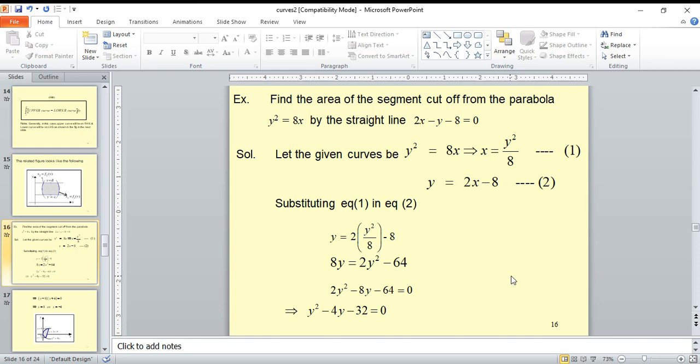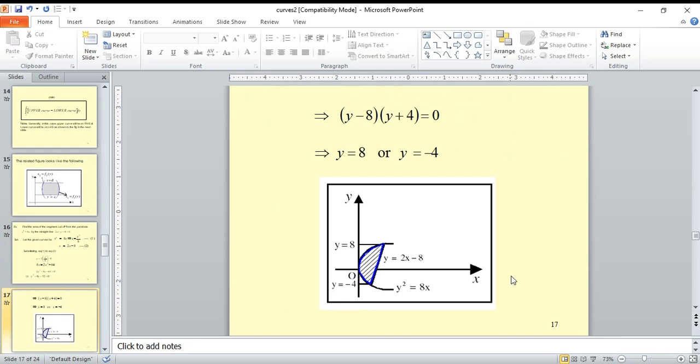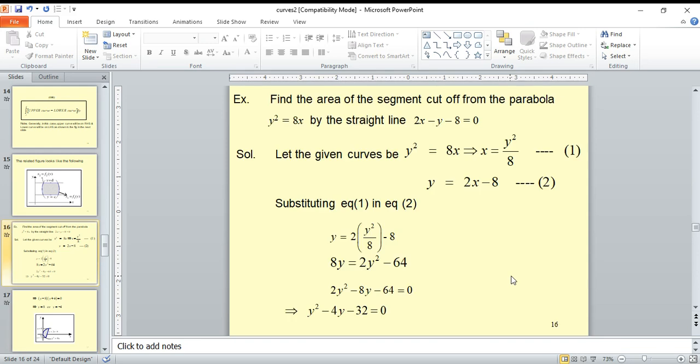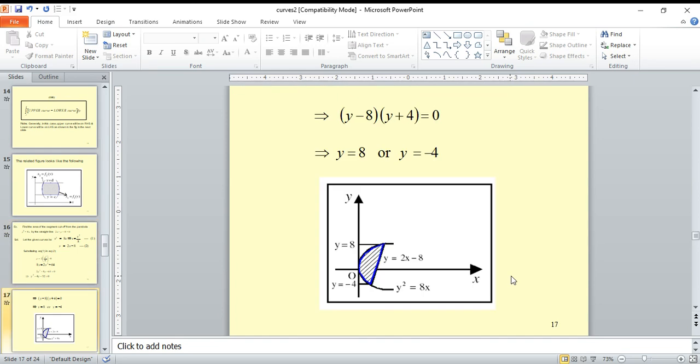Cross multiplying, 8y equal to 2y² minus 8 into 8, which is 64. So that is 2y² minus 8y minus 64 equal to 0. 2 is common, y² minus 4y minus 32 equal to 0, using factorization.